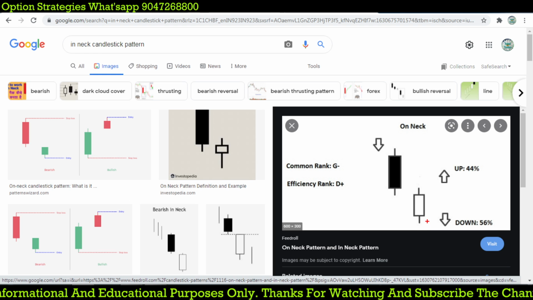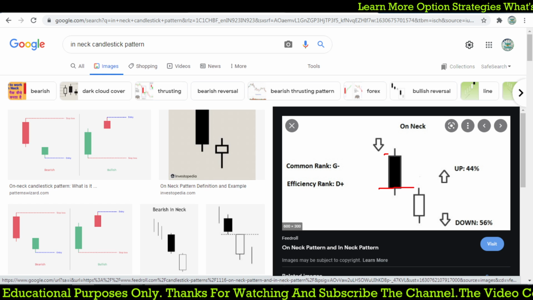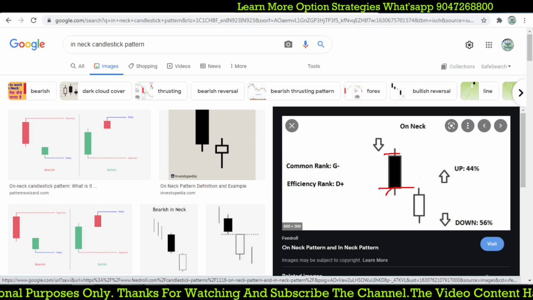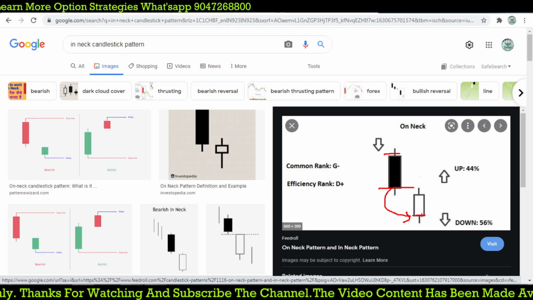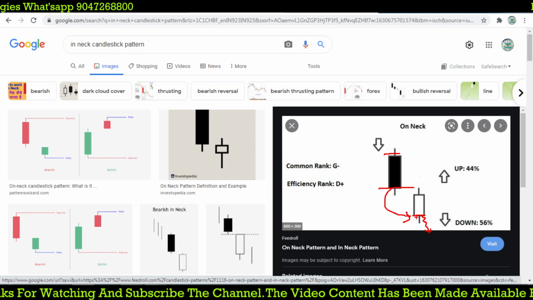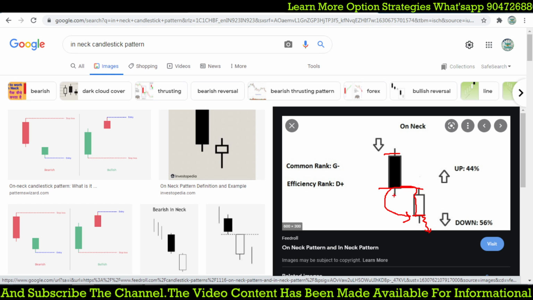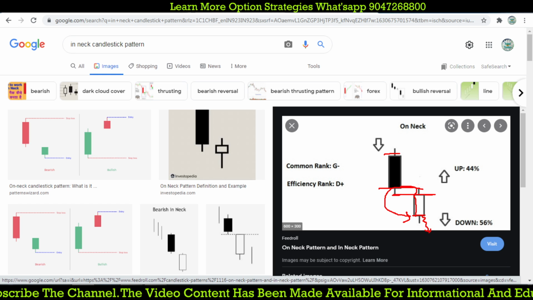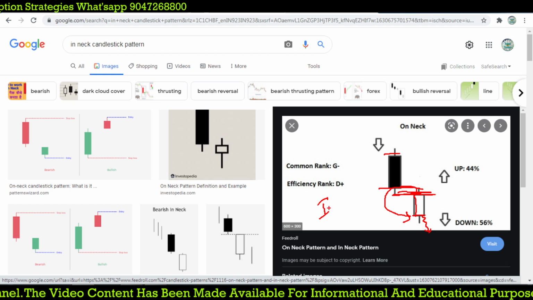After opening lower, it is not able to move down. Instead, it moves higher and closes near the previous close, or below the close, equal to the low. This is in neck.